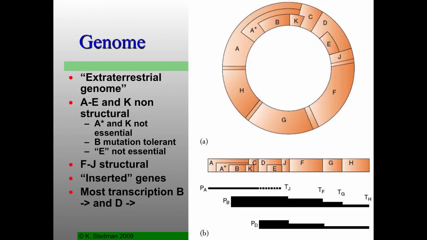The genome here, the big surprise, the message from outer space, is that we have lots of overlapping open reading frames, but to be able to get away with having these overlapping open reading frames, they have to be very resistant to mutational change. So B, you can mutate like mad. E, K, and A are not absolutely required for virus function.